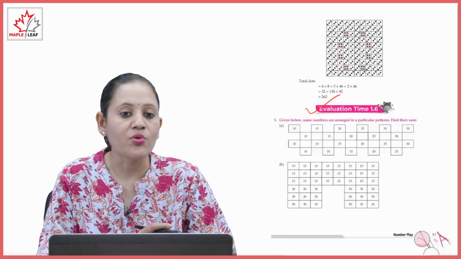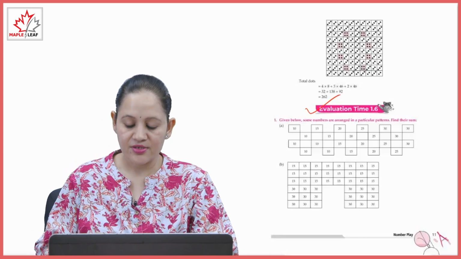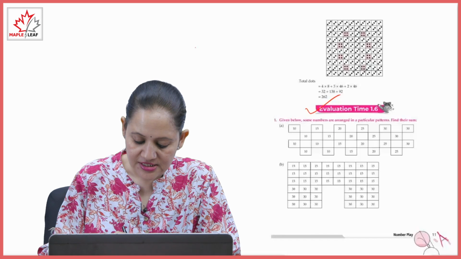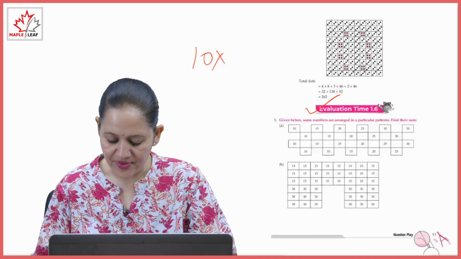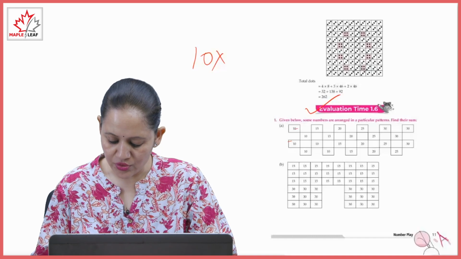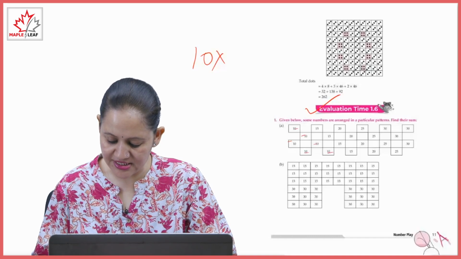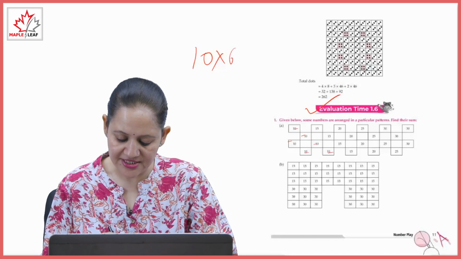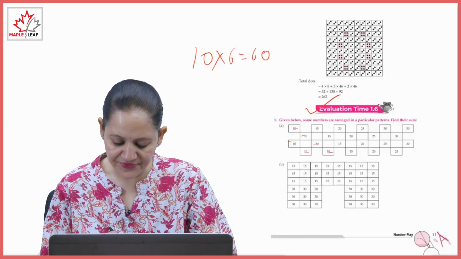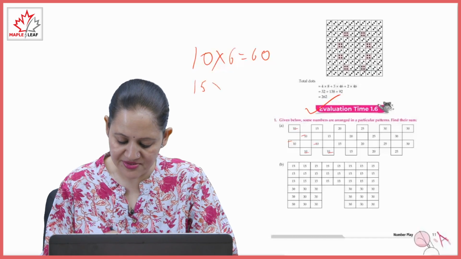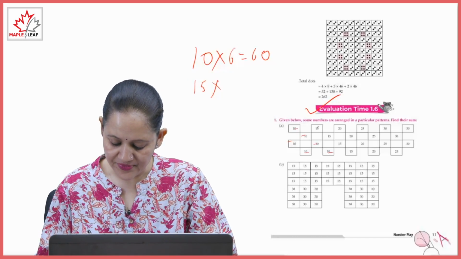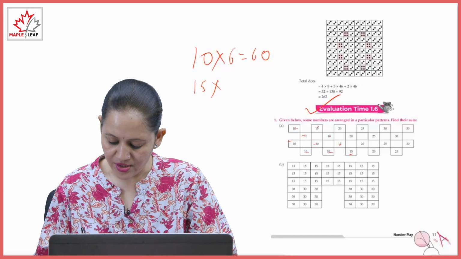Next, evaluation time 1.6. Given below, some numbers are arranged in a particular pattern. Find their sum. So 10, how many times is 10 there? 1, 2, 3, 4, 5, 6. 6 times, so that equals 60. Then 15, how many times? 1, 2, 3, 4.